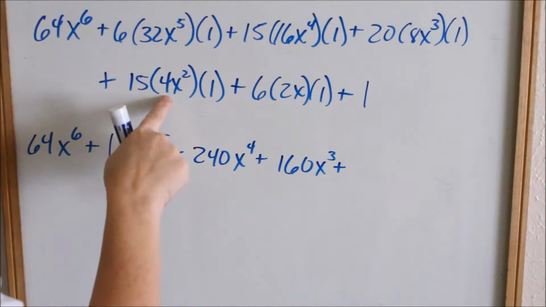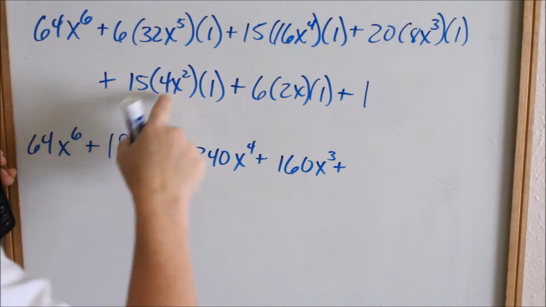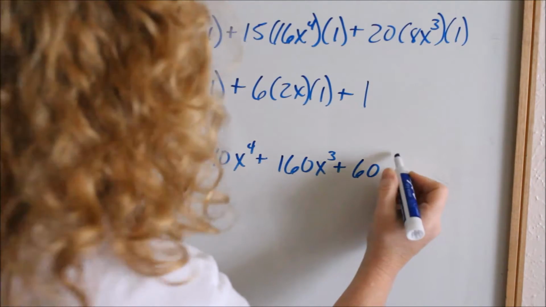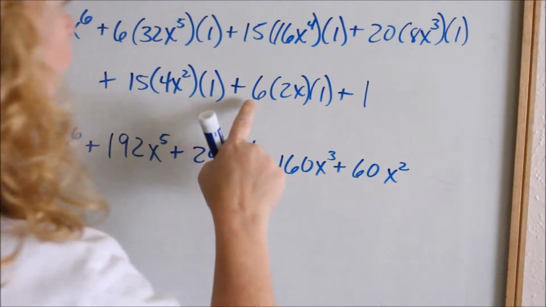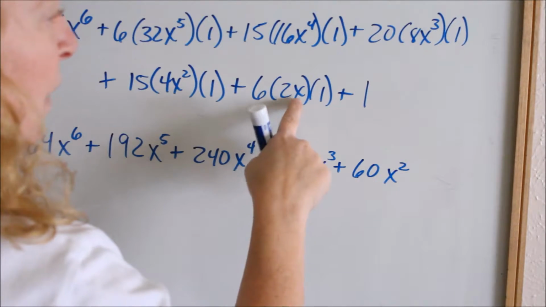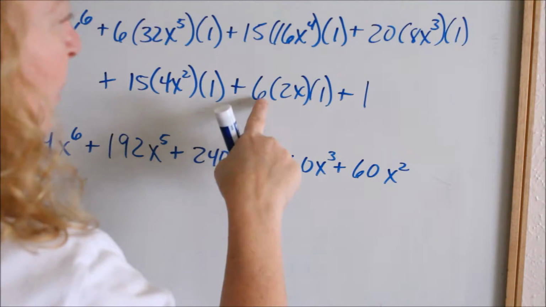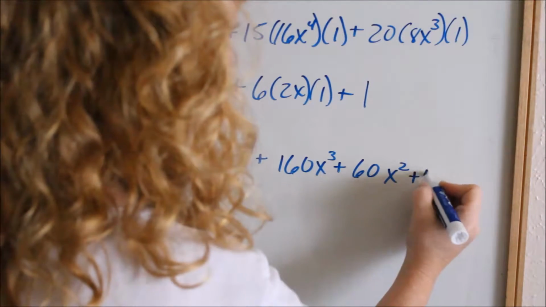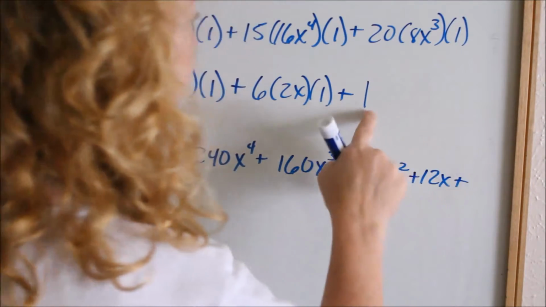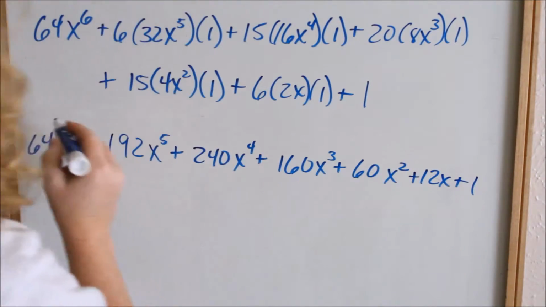Now come down to here, 15 times 4 should be 60, x squared. 6 times 2 times x times 1, combining our numbers. 6 times 2 is 12, plus 12x, and then my last thing is 1.